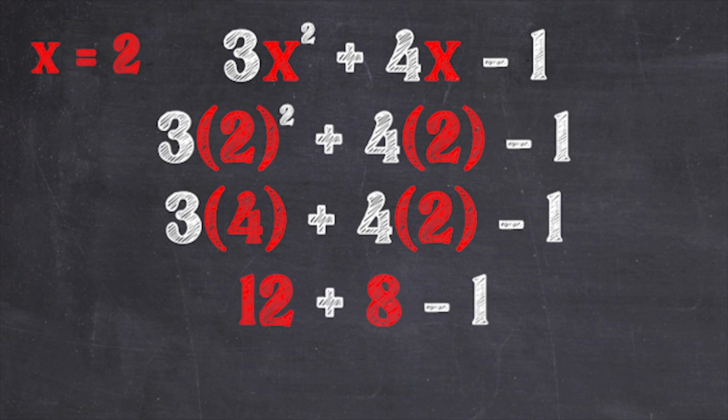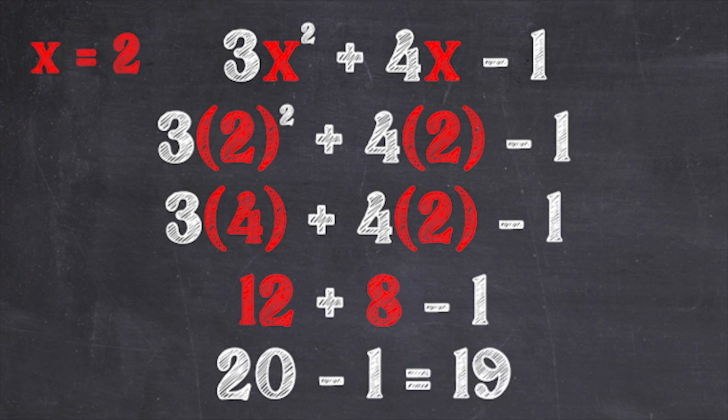This gives us 12 and 8 in the next step. At this stage, the expression has reduced to 12 plus 8 minus 1. We can now simply apply the order of operations to get 19 as our final answer. Therefore, when x equals 2, the value of the expression 3x squared plus 4x minus 1 is 19.